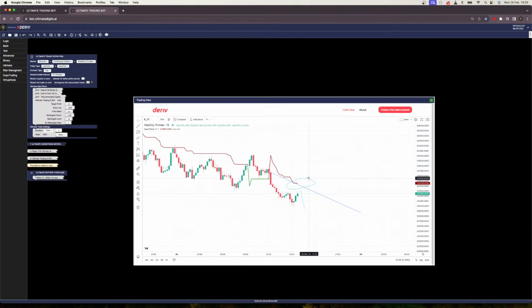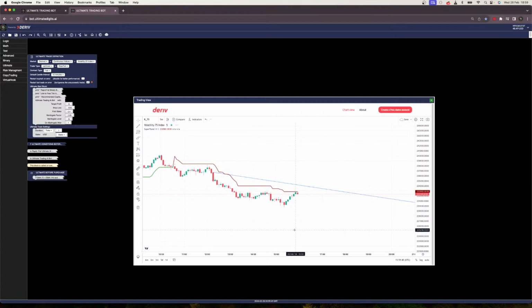So this is on 15 minutes time frame. Let's go to 5 and see if price is following our strategy.